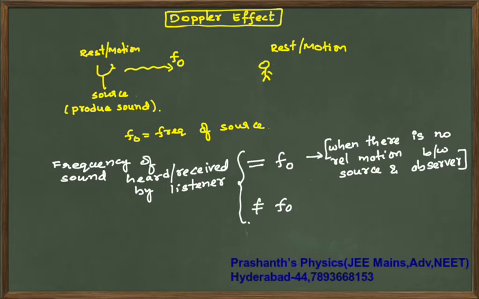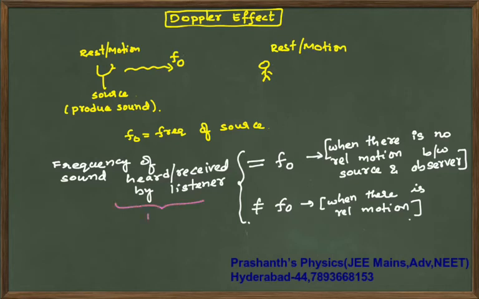And when there is relative motion, what will happen? The frequency heard or received is not equal to f naught. This frequency heard by the listener is called the apparent frequency.